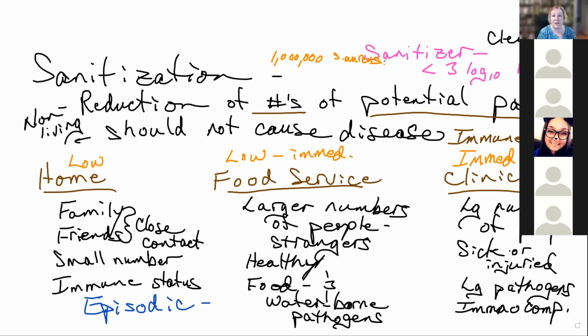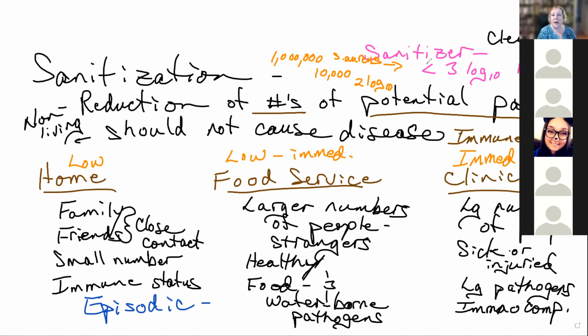If it is a sanitizer, I would show, yes, a higher number out, less of a reduction. So let's say instead of getting 1,000 out, I got 10,000. That would be a 2-log 10 reduction because I knocked off 2 zeros.